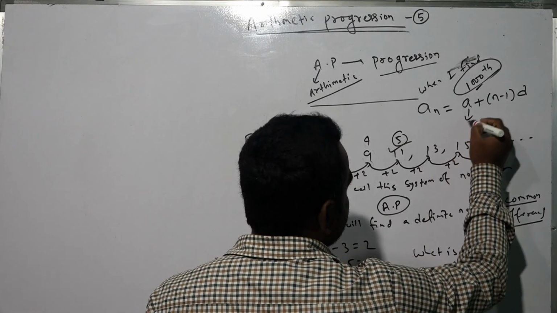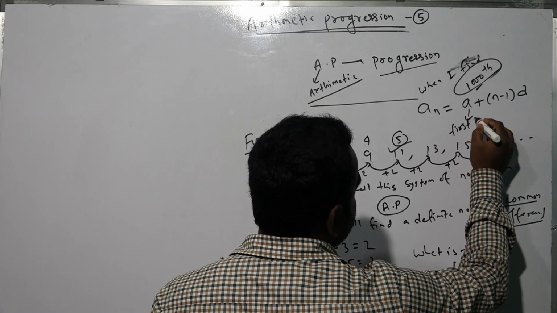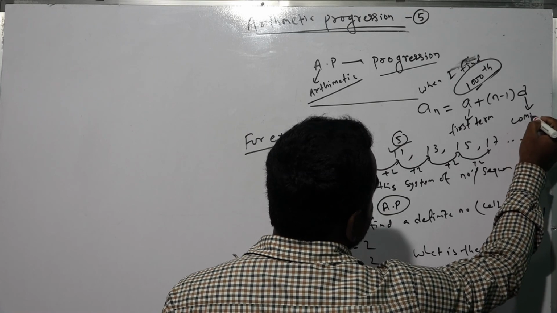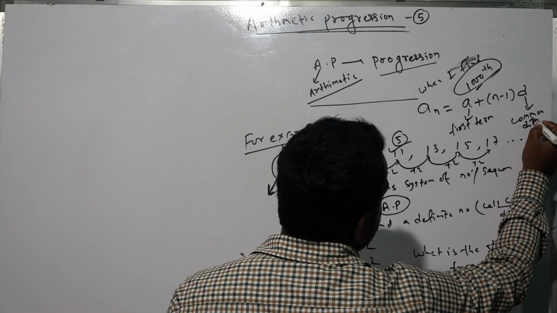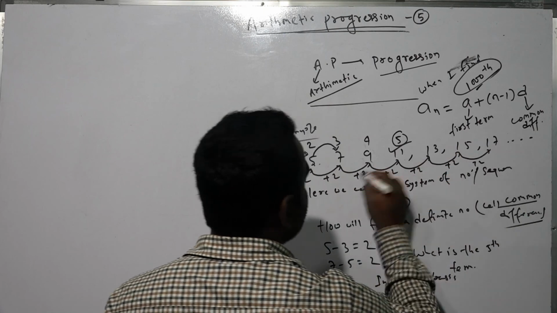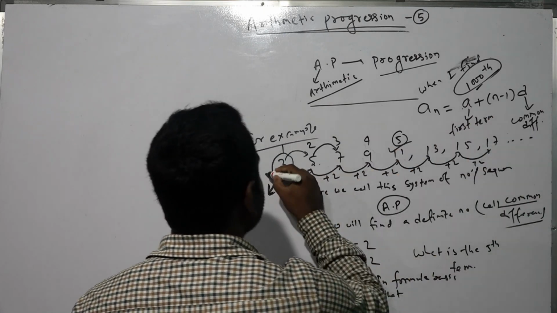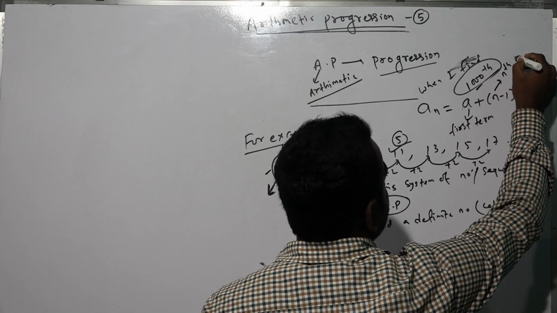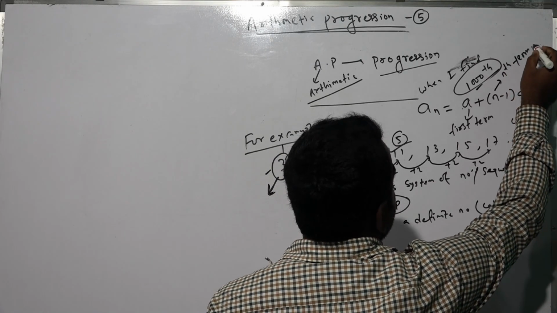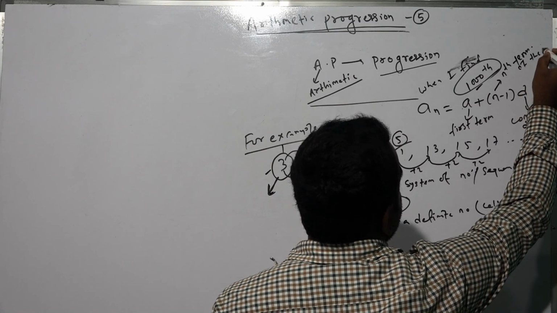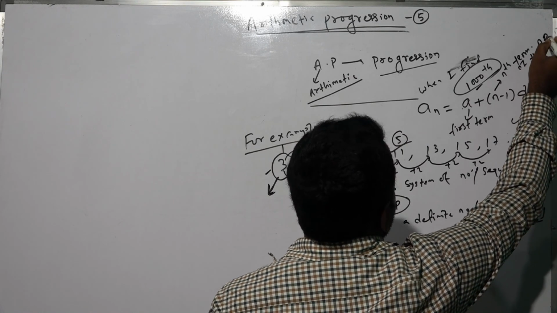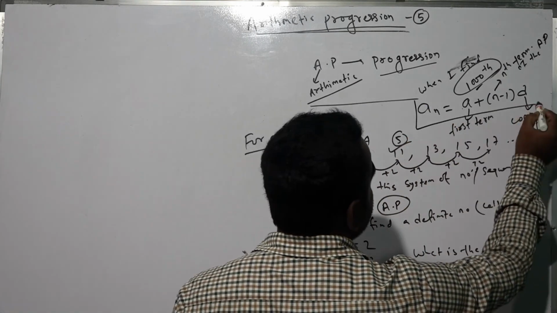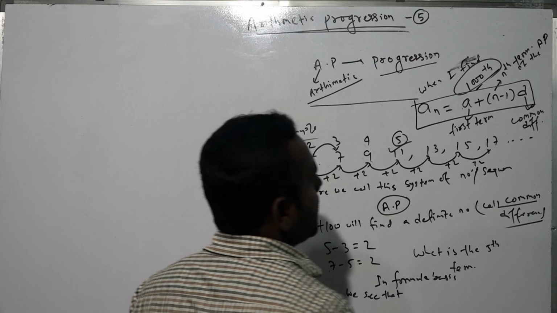A is called the first term of the sequence, and d is the common difference. Here you see that 2 is the common difference, a, the first term, is 3, and n is the nth term of the AP. So this is the formula of the nth term: a plus n minus 1 into d.